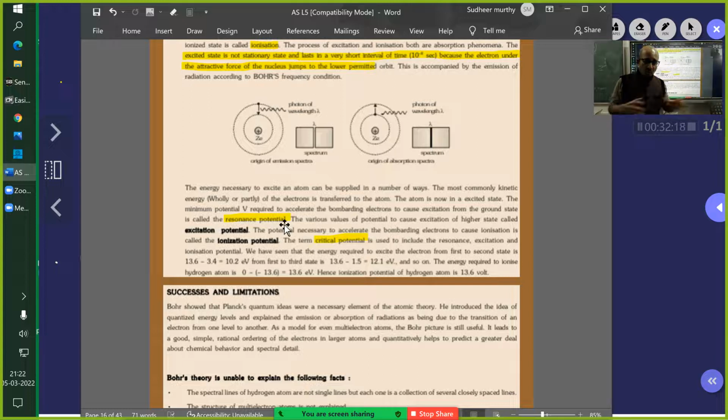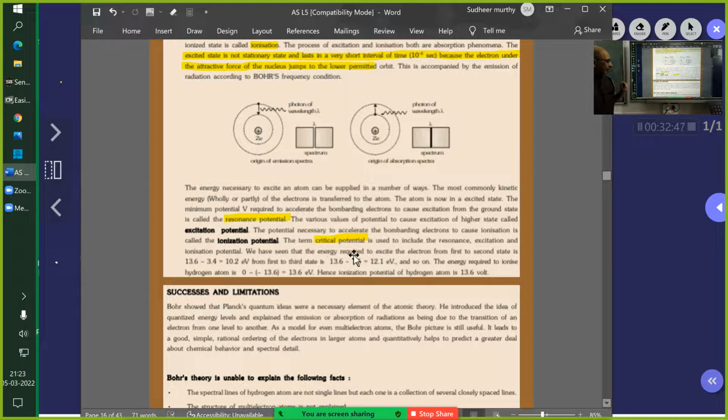Therefore more and more ions and free electrons are generated, and they hit the fluorescent screen. Their kinetic energy is converted into photon energy. That is how electrical energy is converted into light energy. So the minimum potential to cause the bombardment is called resonance potential. Okay, right, that is one thing.